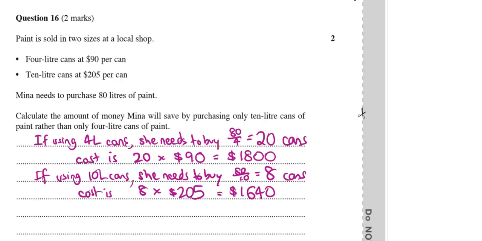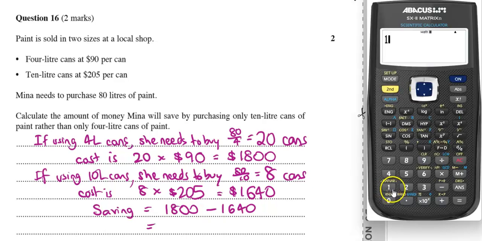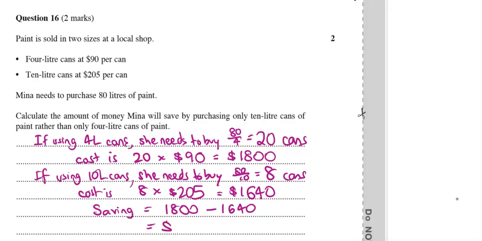And I want to do the saving. I want to compare those amounts. So the saving is the difference between those numbers. The saving is $160.